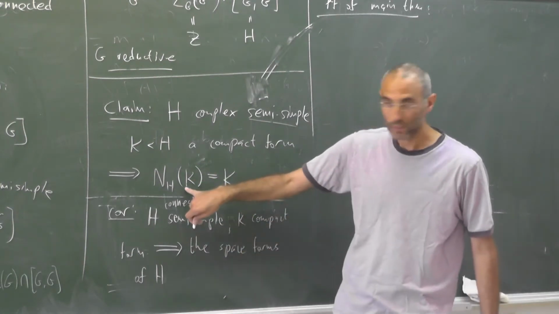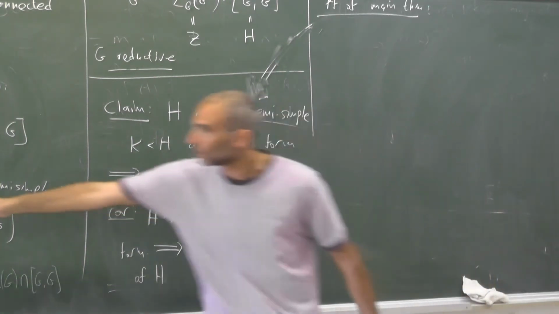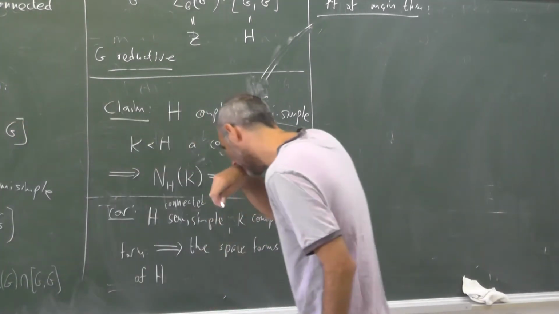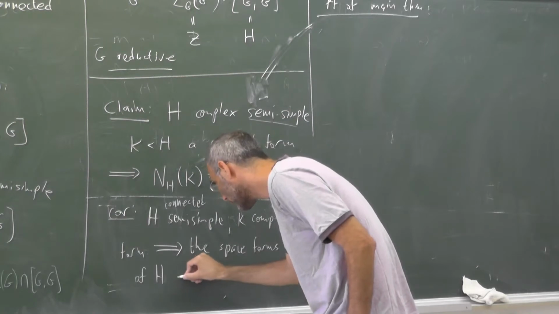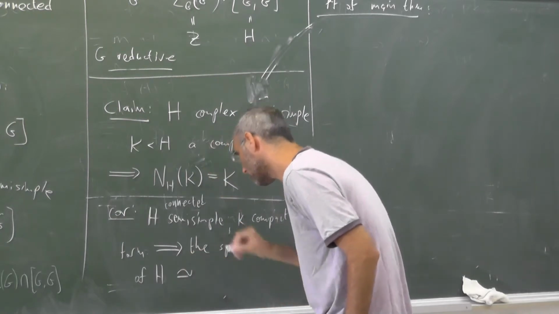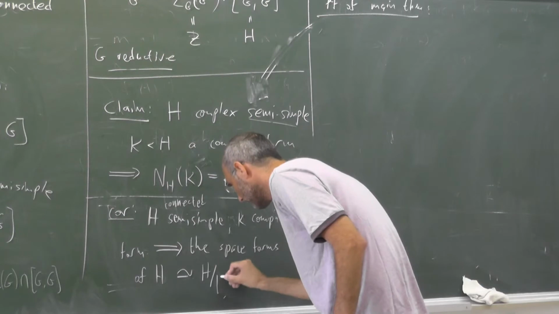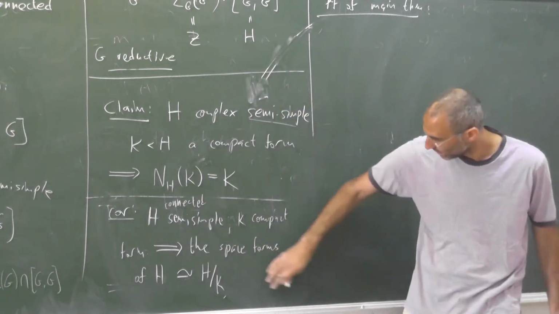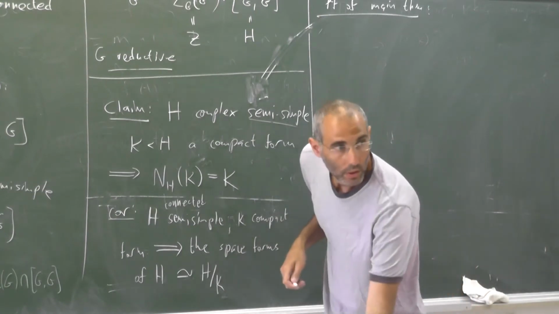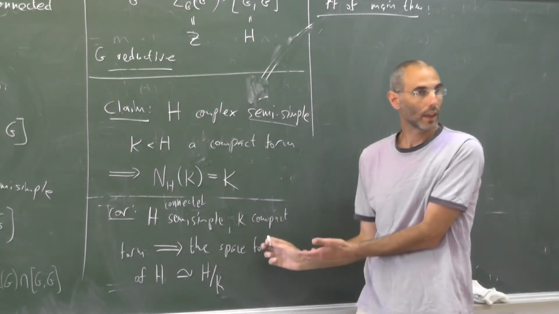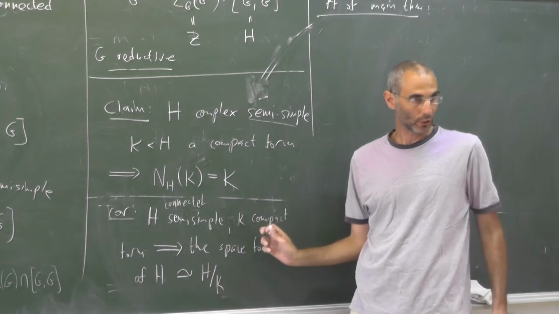So it's a corollary of that theorem, of course. It looks like H mod K. Okay. Now, this is some characteristic space of H.